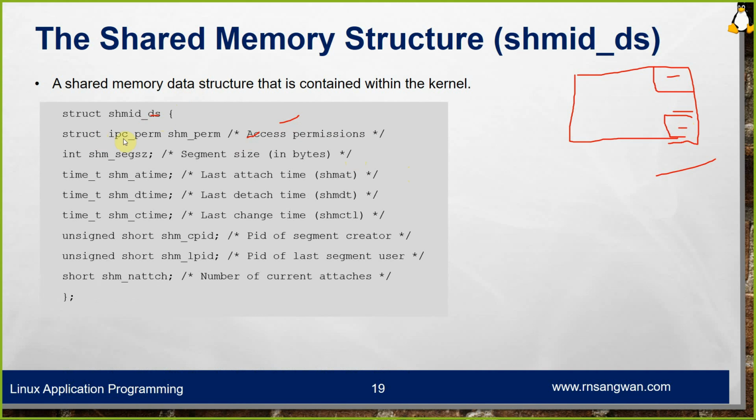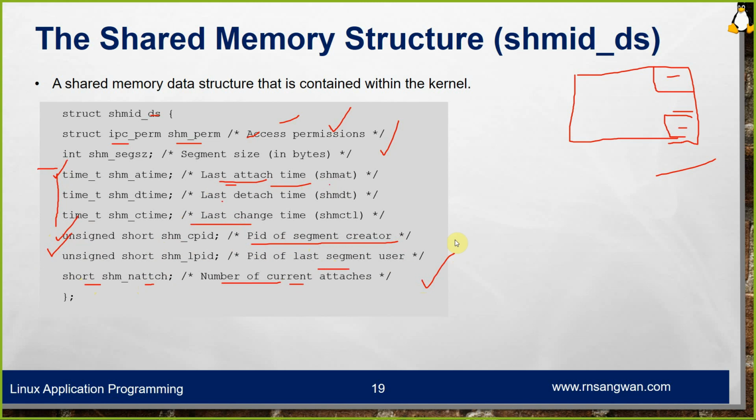It has a structure ipc_perm, the shm permissions, that is access permissions, then the size in bytes, which is integer type, then last attached time, shm_atime, in time format. So three parameters are time only: last attach, last detach, last change. Then the process ID of the segment creator. So who created this? What is the process ID of the creator? Creator process ID, last segment user process ID, and then shm_nattch, the number of current attaches. These are the details of this.